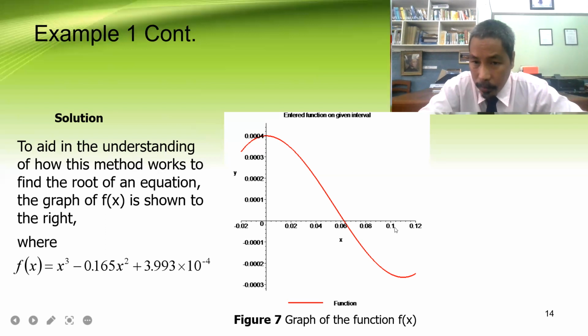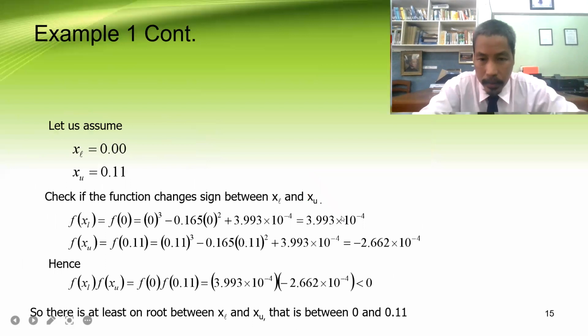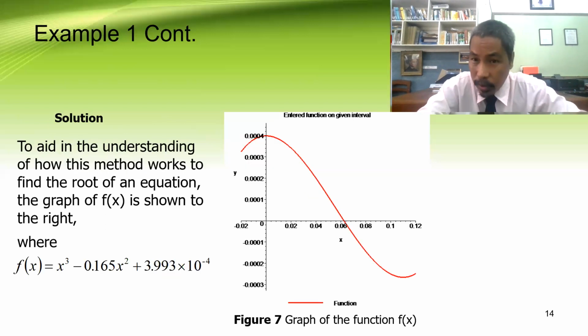It is in the middle of 0.10 and 0.12. So from zero to that point, you will notice that there is one intersection of the curve with the axis, and that is the root. We want to find that value.